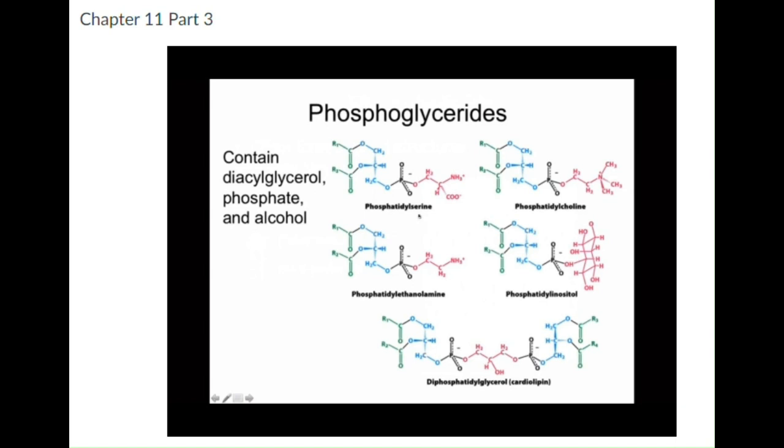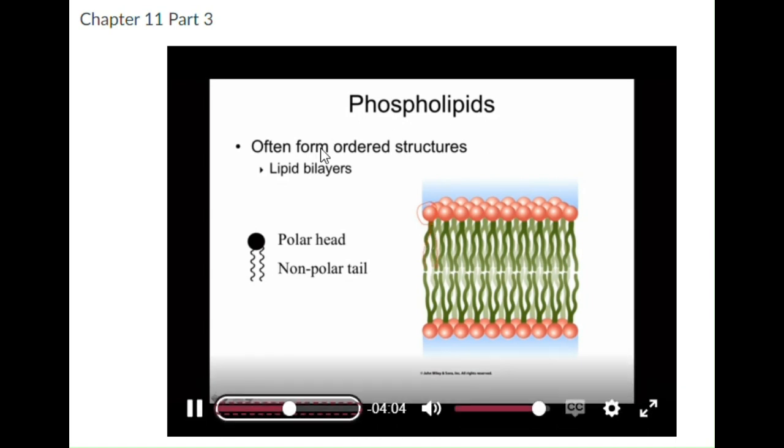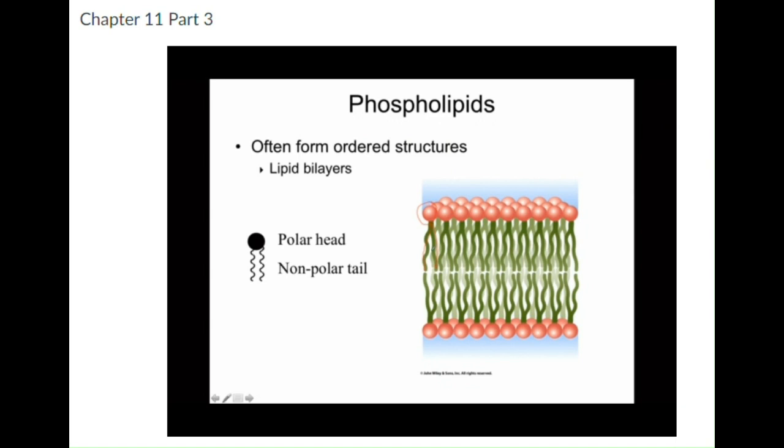So when we look at a phospholipid bilayer, basically this is the phosphate head right here. Phosphate head is right here. Here are the 2 hydrocarbon tails from the fatty acids that are attached, and they line up very nicely with each other, you'll notice here.